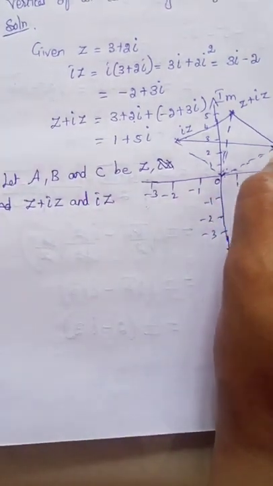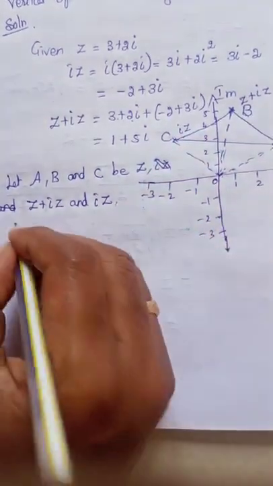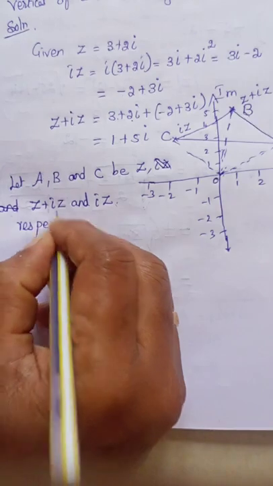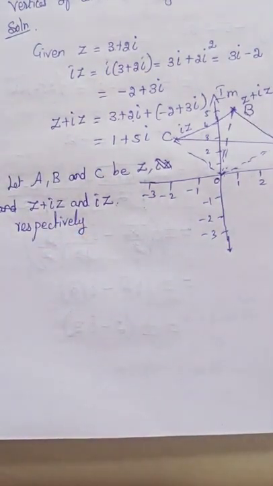So this is A, and this is B, C respectively. We have taken the points as A, B, C.